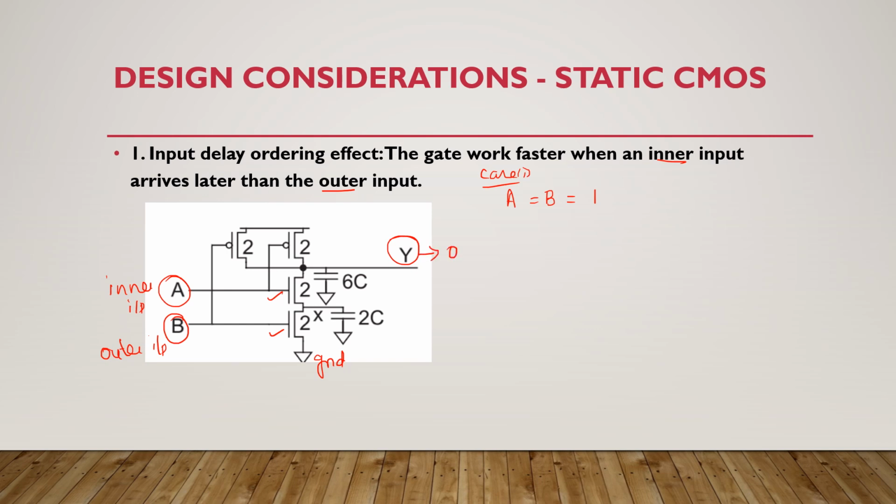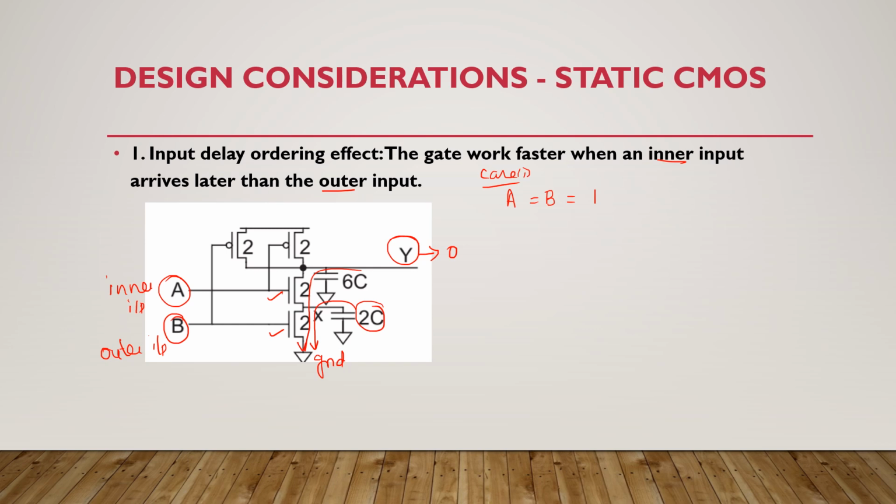How it goes to 0 is that this capacitor 2C has to discharge through this transistor, and the 6C capacitor has to discharge through this path, right? Because here the output is connected to 3 transistors, each having a width of 2. So we have 6C here, but at this terminal we only consider the lowermost transistor's drain capacitance 2C.